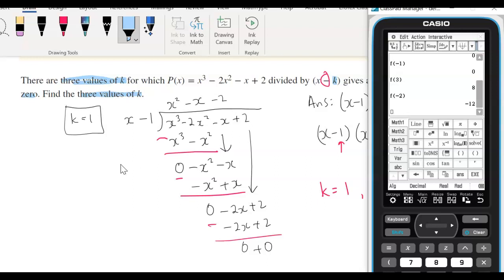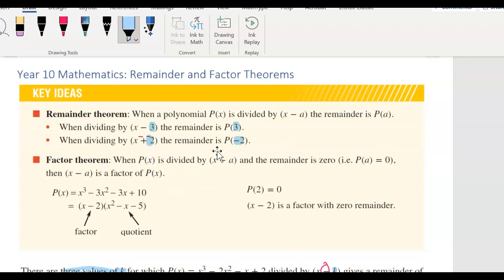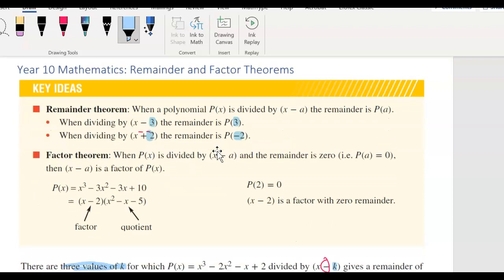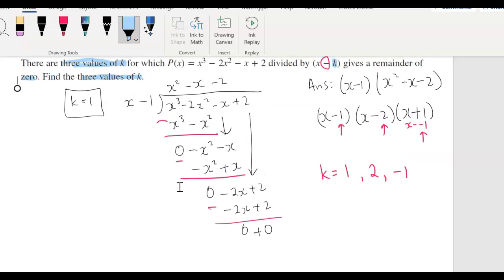So what we effectively want is just values of k that give us 0. That's what the factor theorem is. Okay, so instead of doing trial and error to figure out what your factors are, on your calculator you can just define the function and then just try out different values for k. So k is basically just substituting in for x.